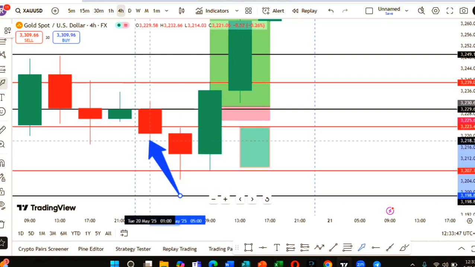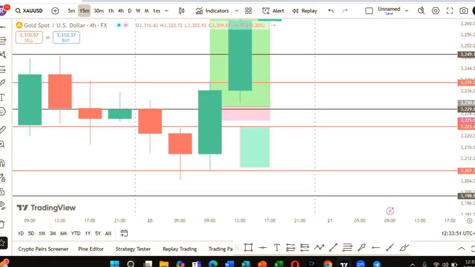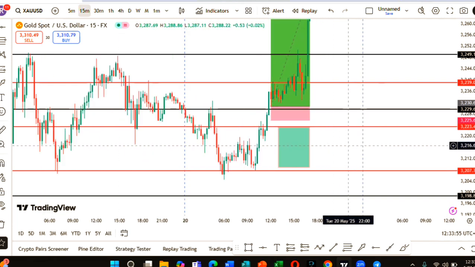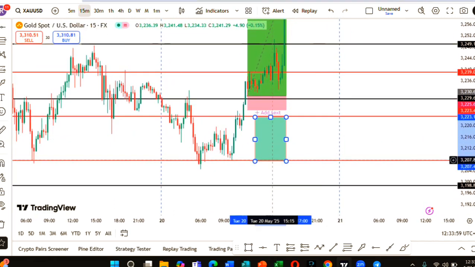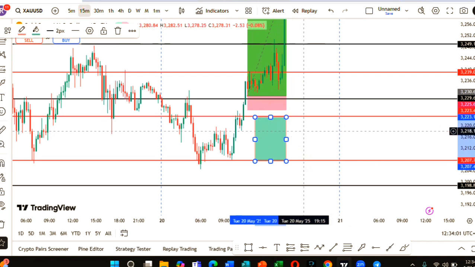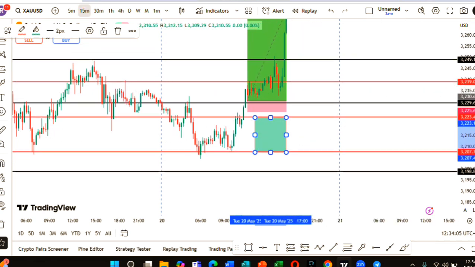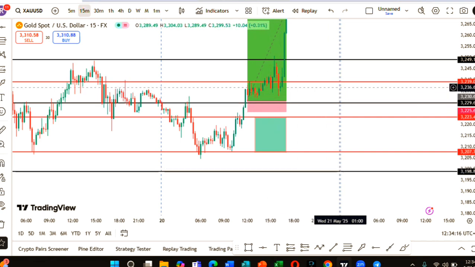Let's go down to the 15-minute time frame so that you can see what I'm doing here. Remember guys, these horizontal black lines are the previous day's high, low and close of the previous day's candle.